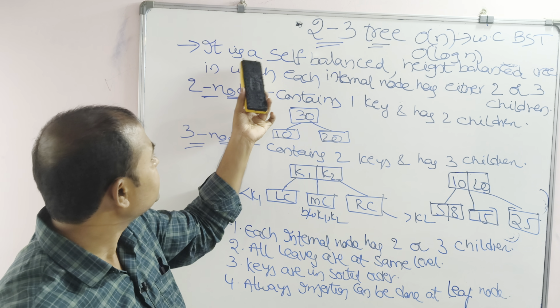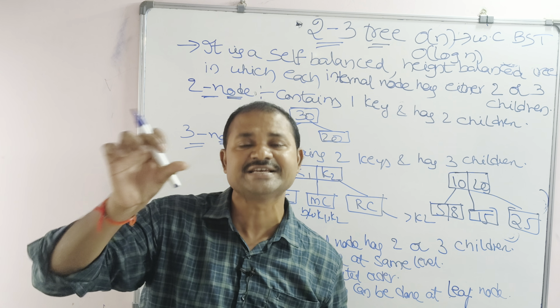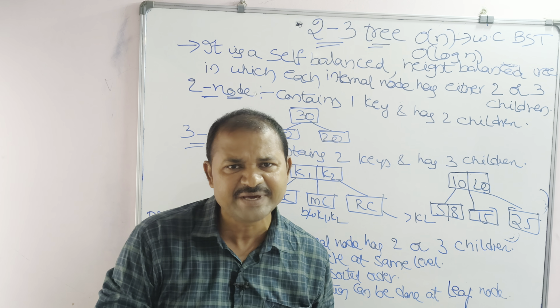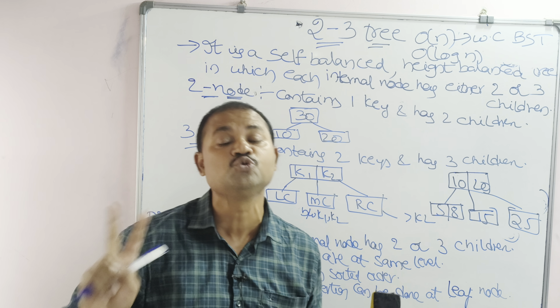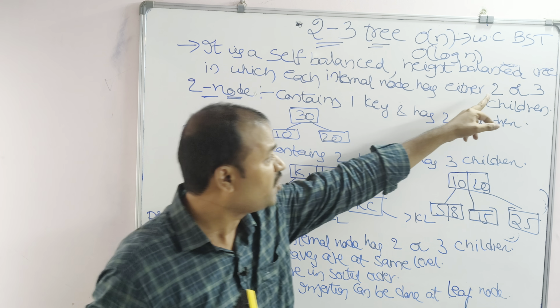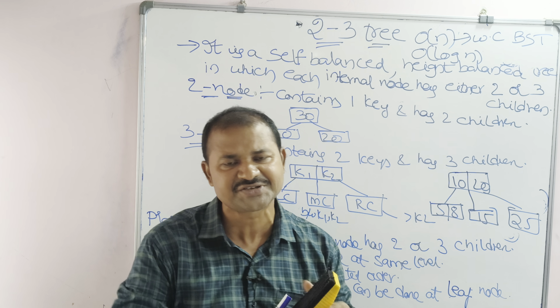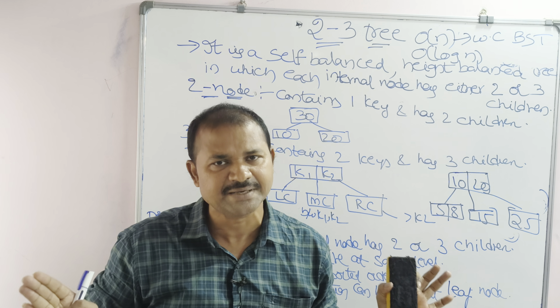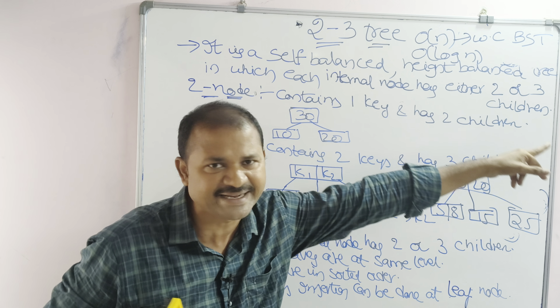So we can say that a 2-3 tree is not a binary search tree. In a binary search tree each node can have at most 2 children. But here we can have either 2 or 3 children. So 3 children means it is not a BST. So here we have 2 or 3 children.